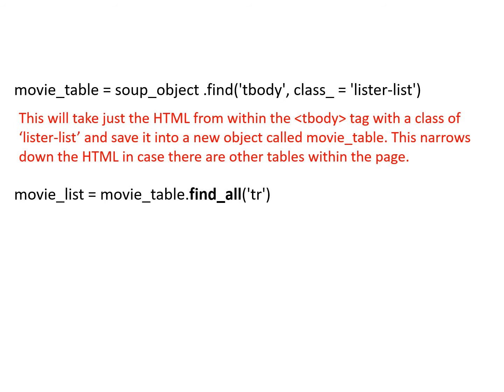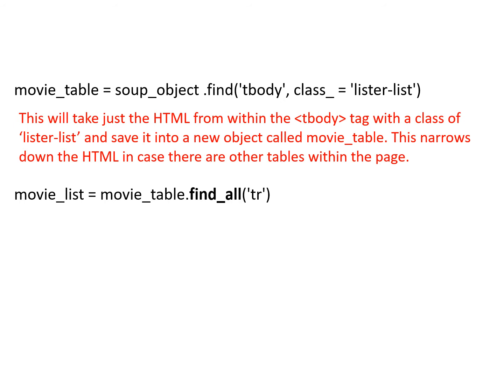On the right-hand side of the equal sign, we're going to start with movie table, which is what we just created in the line right above it. We take movie table and then call the find all function. Then we have to say what we want to find, and we want to find all the TR tags. So we pass in TR, and then on the left-hand side, we're going to decide what we want to call it.